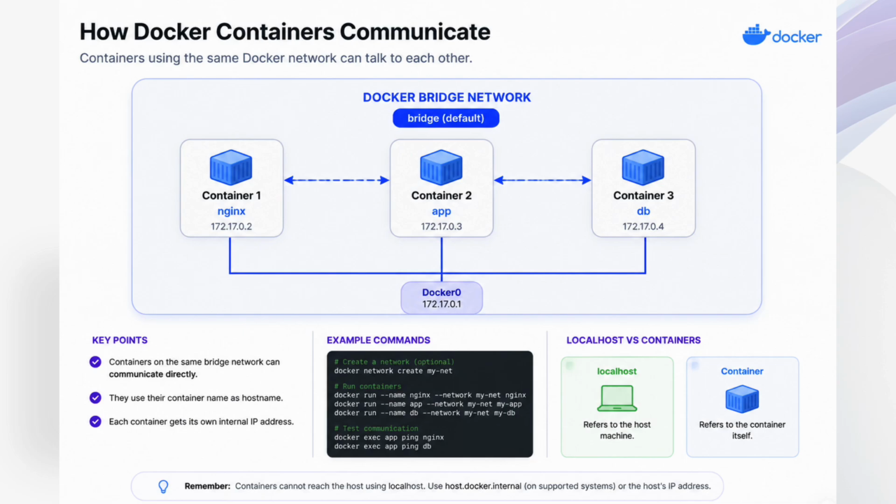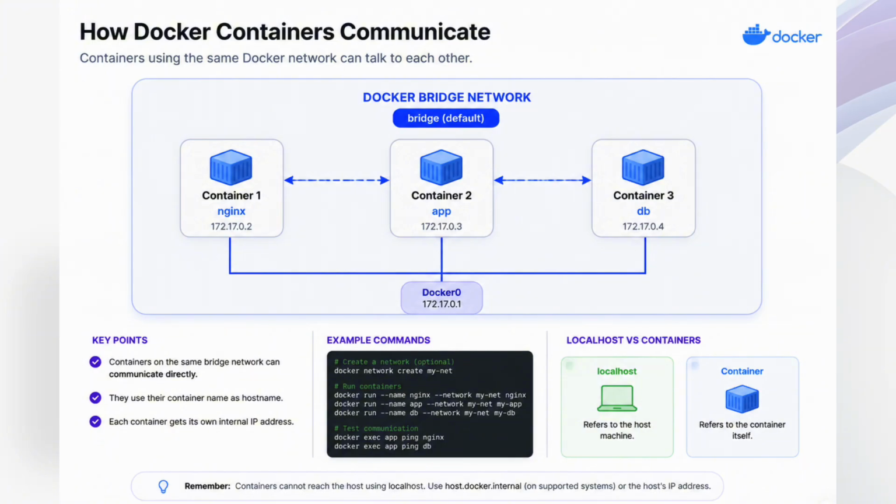We also learned that localhost inside a container refers only to the container itself, not to other containers. And finally, we saw that containers outside the same Docker network cannot communicate with each other automatically. Docker handles all this networking internally, making container communication simple and efficient.